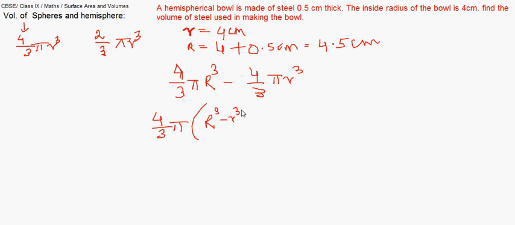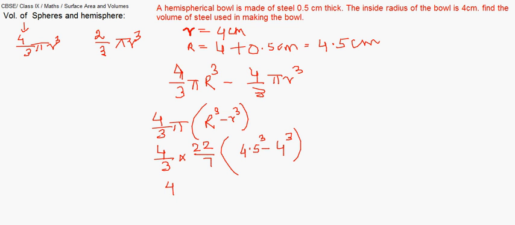Now let us substitute the values we have. So it's 4 by 3 into 22 by 7 into capital R becomes 4.5 cube minus 4 cube. Now 4.5 cube is giving me, this is a hemisphere.